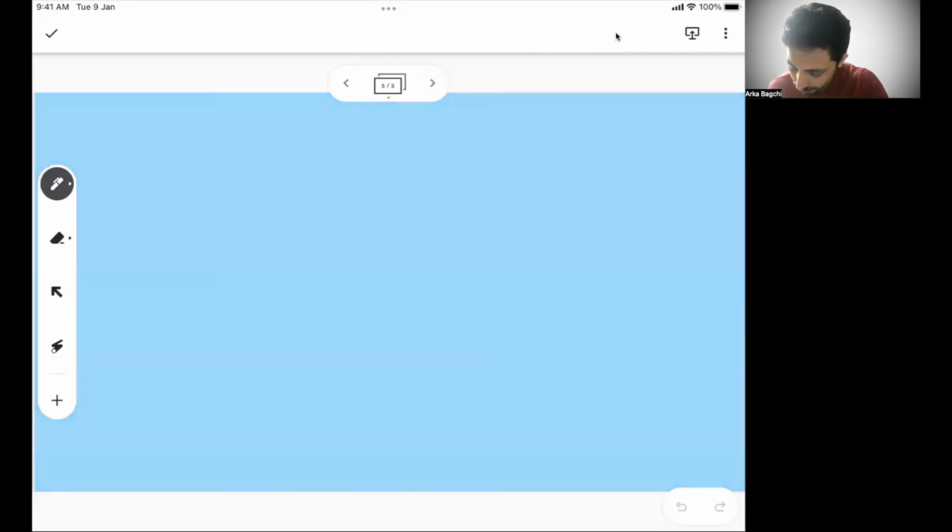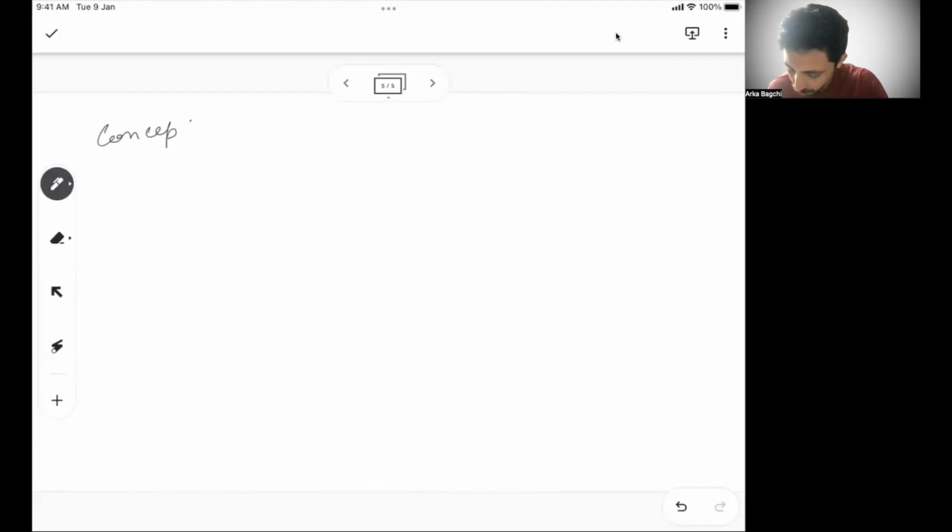The second concept, concept 2, focuses on two things.